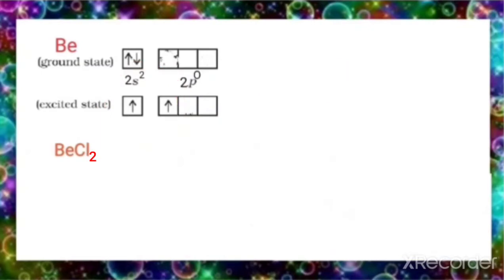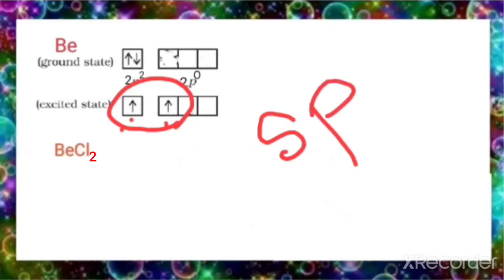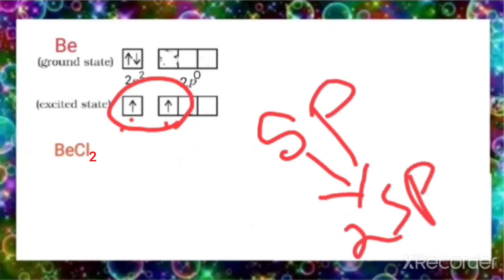As we have already discussed, the number of hybrid orbitals formed equals the number of atomic orbitals combining. In this case, 2 atomic orbitals are combining, that is s and p, so it results in 2 sp hybrid orbitals.